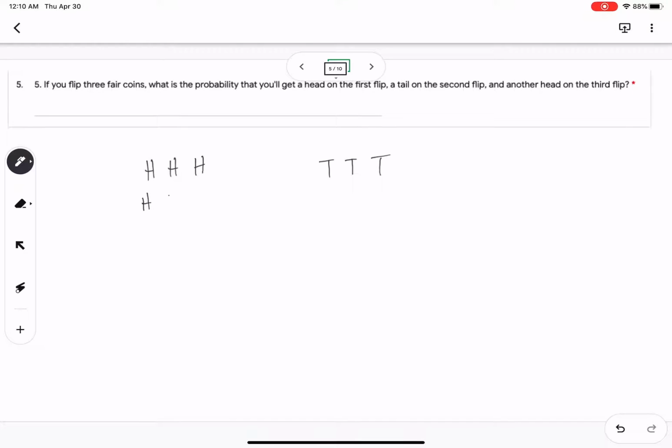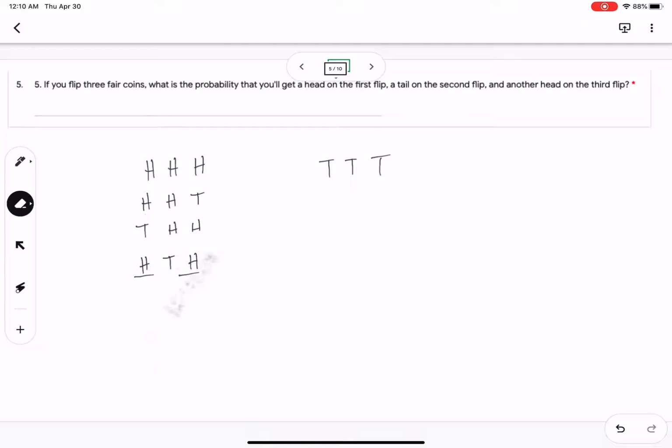We could get 2 heads and then a tail. We could get a tail and then 2 heads. So that put the heads at the beginning, the heads at the end, or the tail could go between the 2 heads, right? So those are all of our options when we've got 2 heads, right?